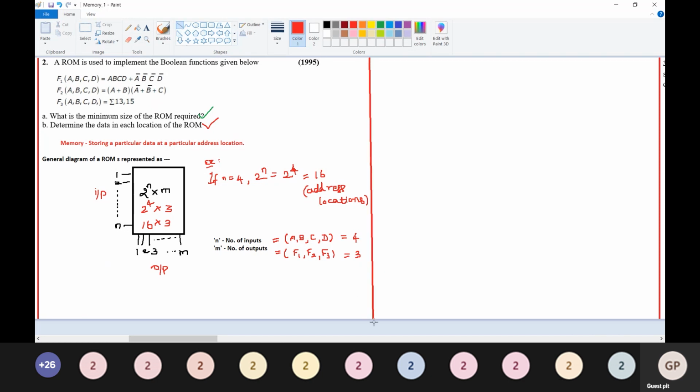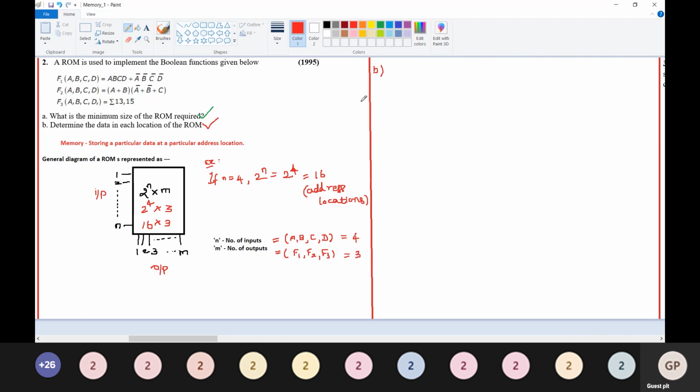So now we will go to the second part, B. So what is B? You have to determine the data in each location of the RAM. In order to do that, you have to find the functions.